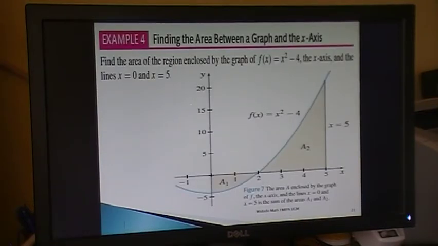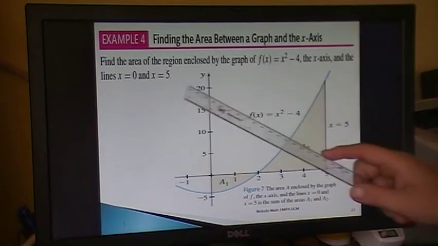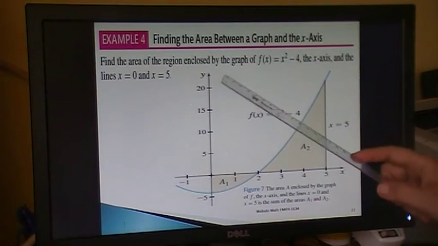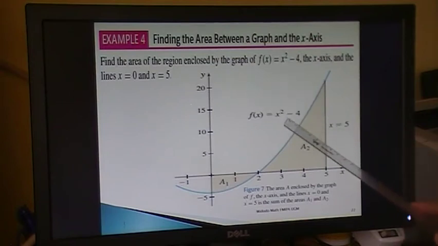The second example is the following. If we want to find the area of the region enclosed by the graph f(x) equal to x squared minus 4 between 0 and 5, be careful, then we have to look at the picture.